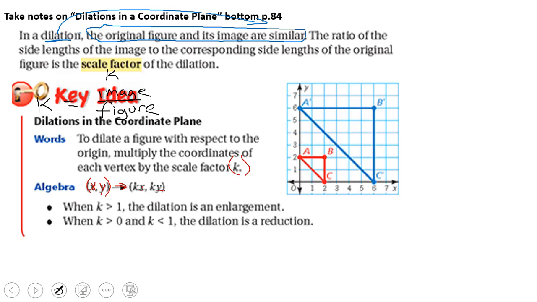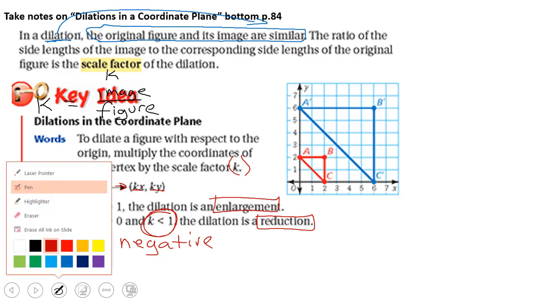This is something that's really important to understand. Make sure you have it written down. When K is greater than 1, when your scale factor is greater than 1, you have an enlargement. And when your scale factor is greater than 0 but less than 1, you have a reduction. Now, I just like to call it a scale factor of less than 1 because you cannot have a scale factor that is negative.